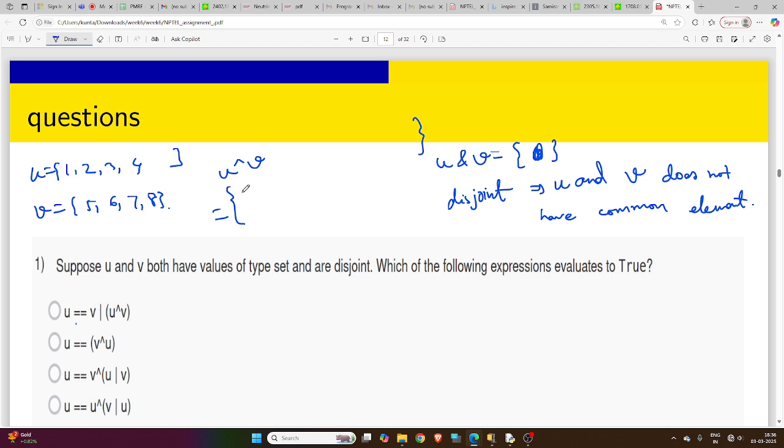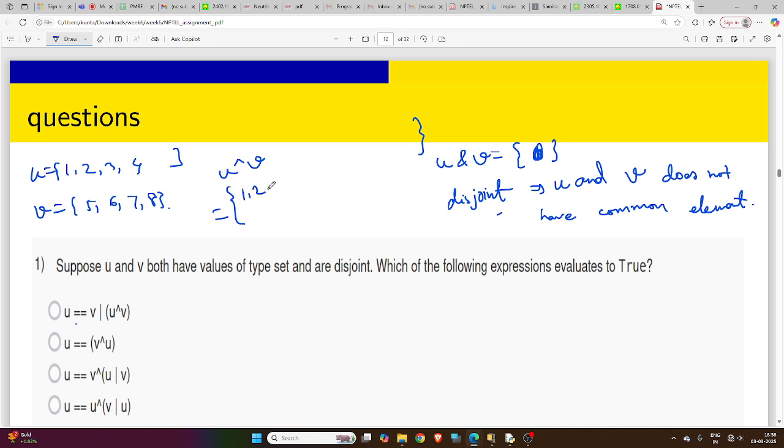Can you tell me what will be the value of u to the power v, that means the exclusive or of the u and v sets for this example? See, u to the power v is nothing but all the elements of u and v other than the common elements in u and v. So here you can see there is no common element in u and v. Why? Because these two are disjoint.